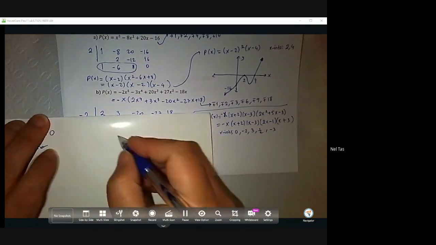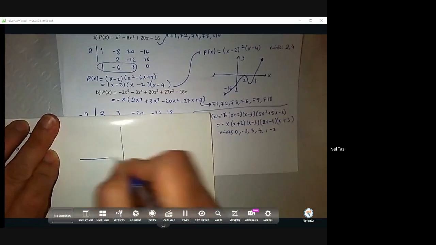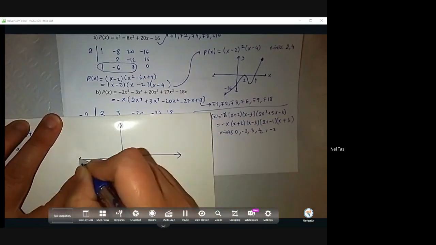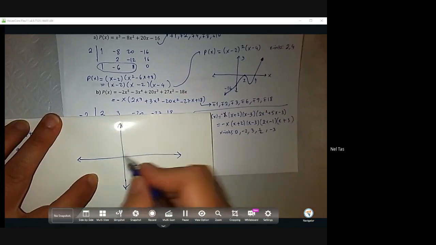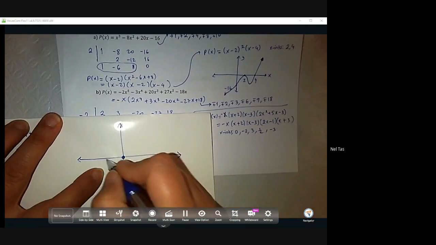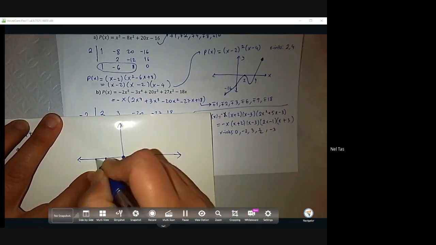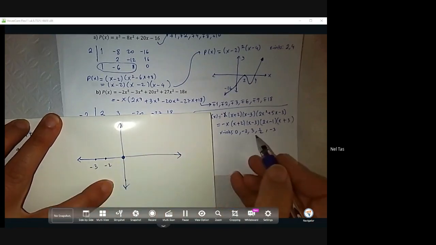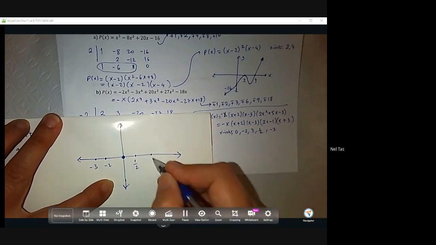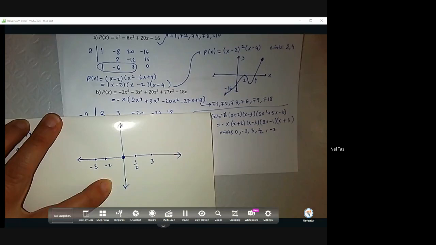Okay, so we have 0, negative 2 and negative 3, positive 1 over 2, and positive 3. We have 5 x-intercepts.